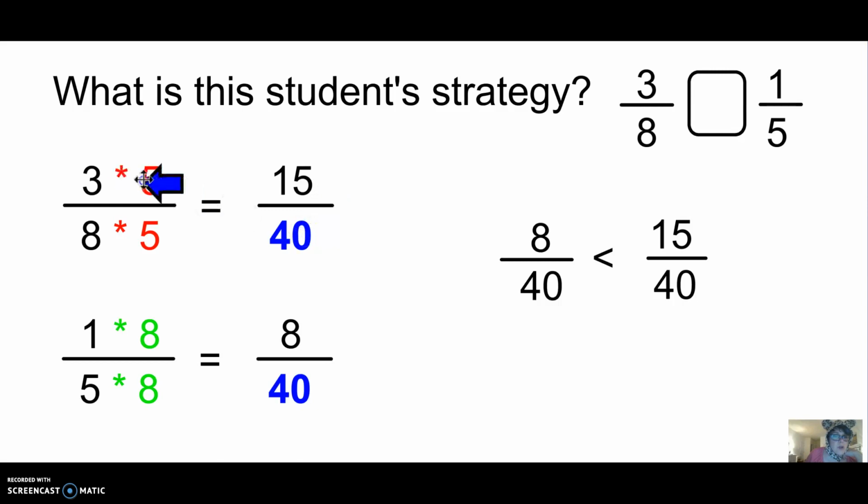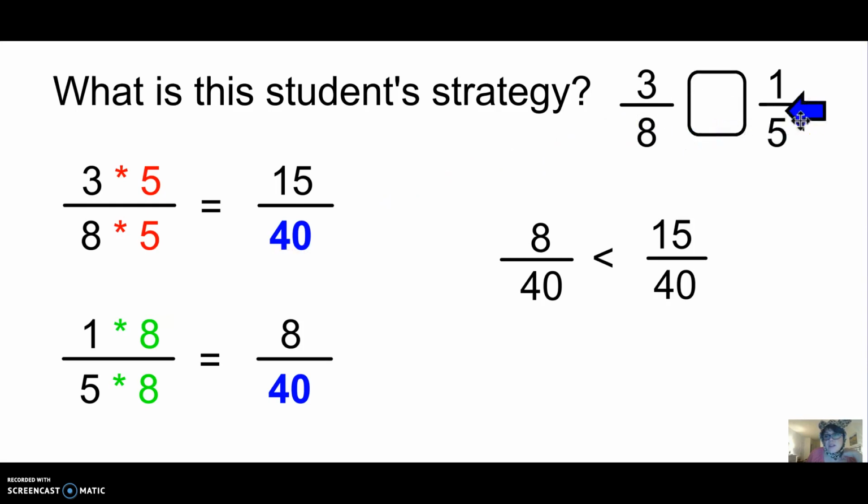So by multiplying the numerator and denominator of 3/8, each by 5, we come up with 15/40, which is equivalent to 3/8. Now, that's the equivalent fraction for our first fraction. We're comparing 3/8.